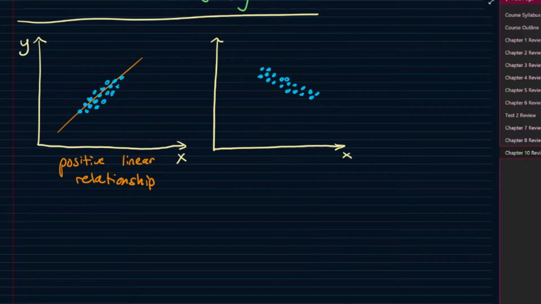And this would be a negative linear relationship, because as x increases, on average, y decreases.